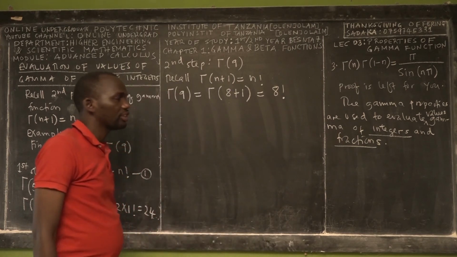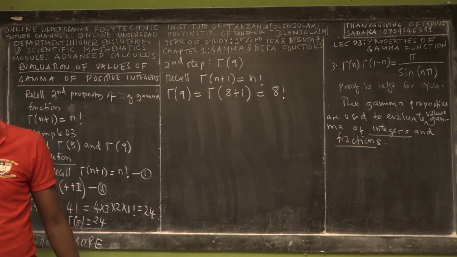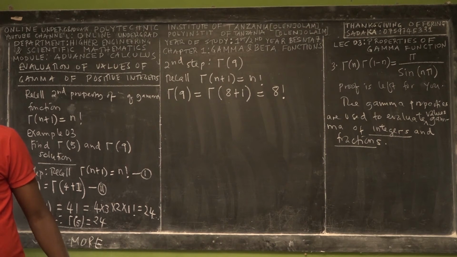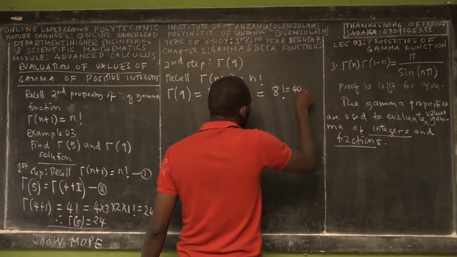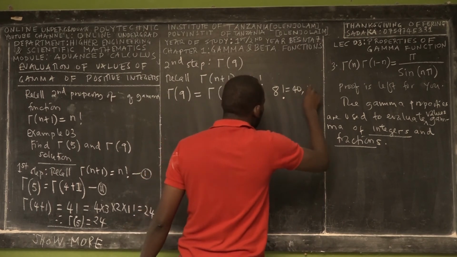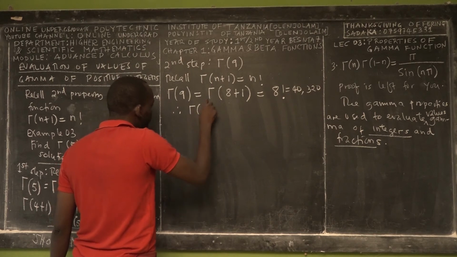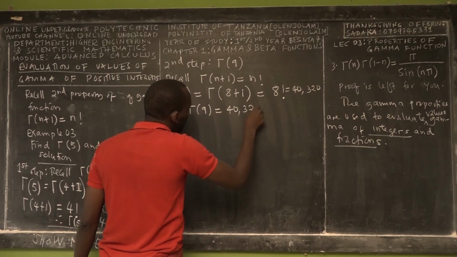You can use 8 times 7 times 6 times 5 times 4 and so on, or use your scientific calculator. The answer is 40,320. Therefore gamma of 9 is equal to 40,320.